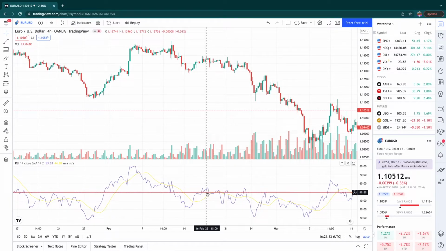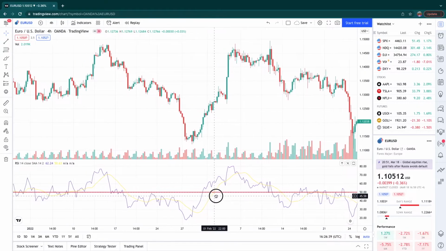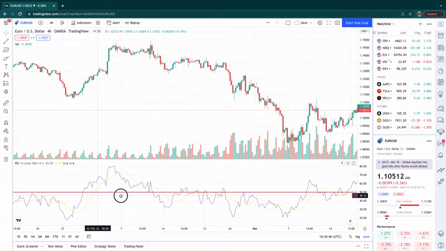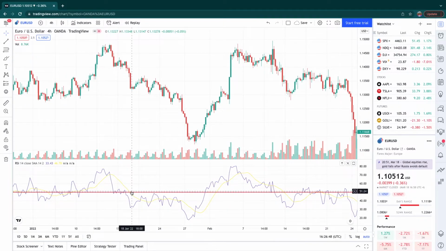The RSI isn't and shouldn't be your main factor when it comes to Forex trading, but it can be a very good strategy to use just by itself. But as you can see, in some cases, it doesn't always work.